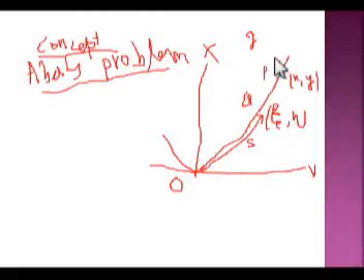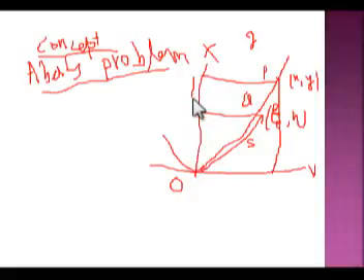Then you draw a perpendicular on the x-axis. This distance is x, and this distance is y. This distance will be x minus xi.